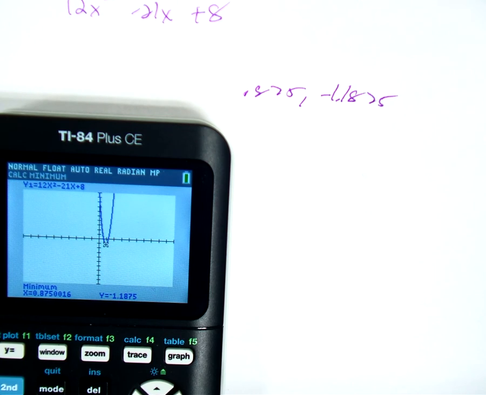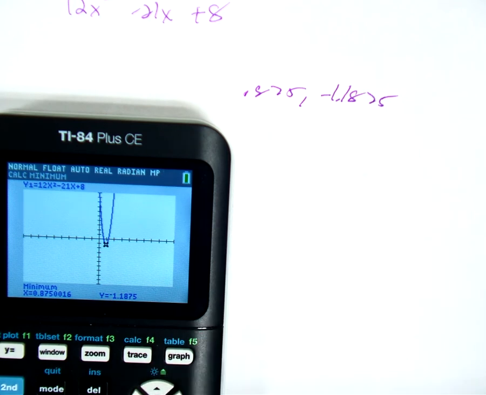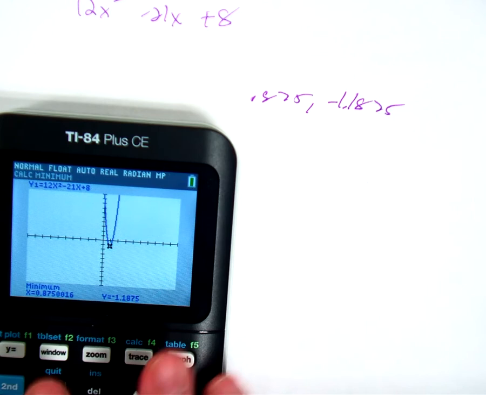That's how you can do that. And the directions in the book will tell you to round to a certain place, so it might be negative 1.19 there. We can talk more about this in class if you have questions.